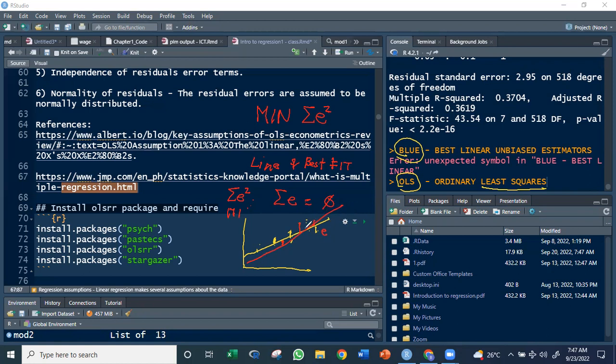That line is a unique line. And if these assumptions are complied with or are followed, then it will give us the best linear unbiased estimators. However, if some of the assumptions are not met, then it might not be your best linear unbiased estimator. And we'll take a look at that once we go to the diagnostics.